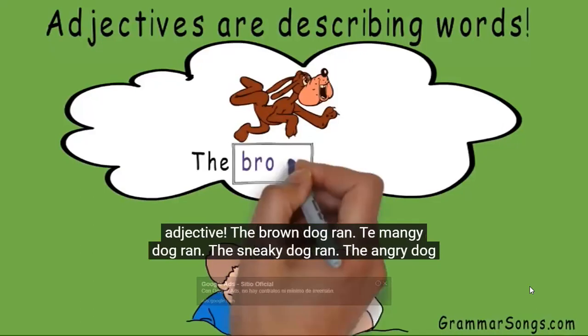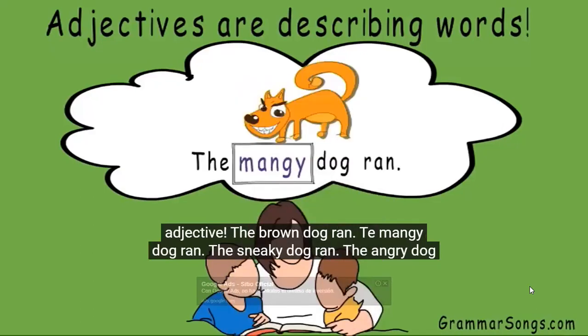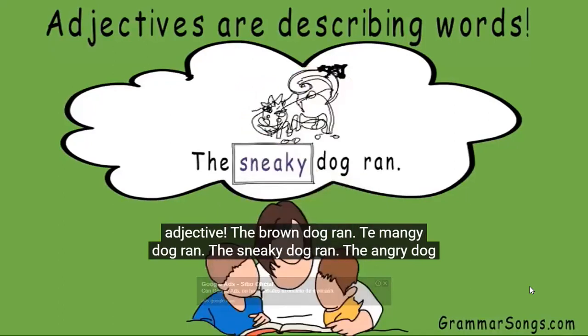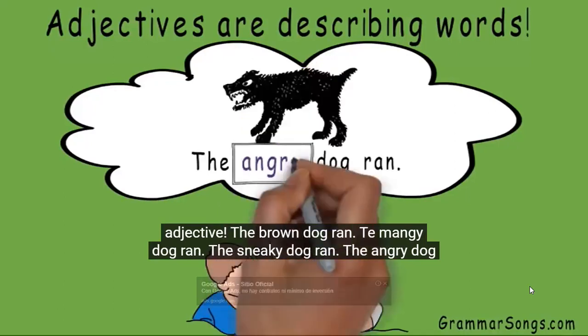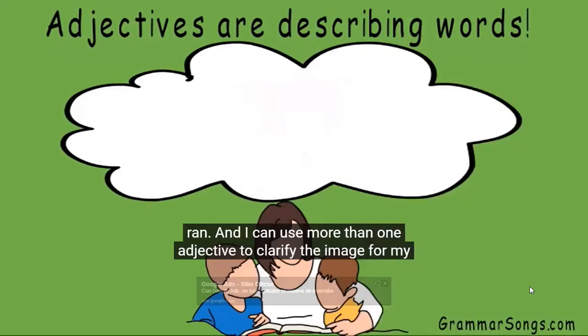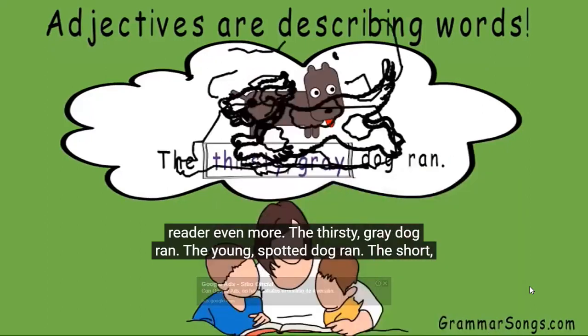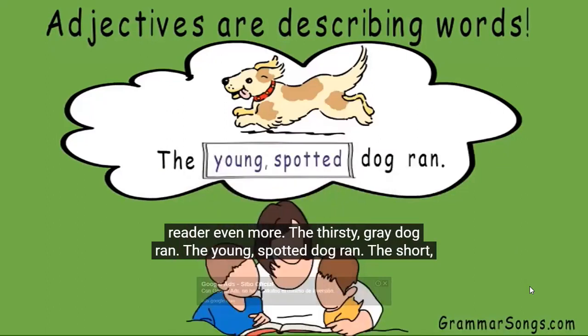The brown dog ran. The mangy dog ran. The sneaky dog ran. The angry dog ran. And I can use more than one adjective to clarify the image for my reader even more. The thirsty gray dog ran. The young spotted dog ran.